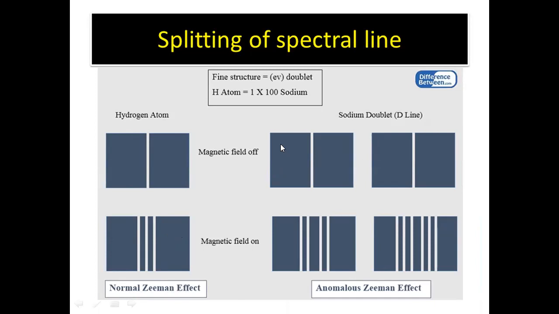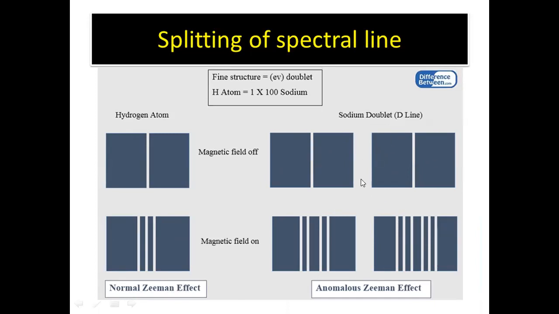In the sodium lines D2 and D1, a single line is split into four lines. And the D2 line, with a wavelength of 5896 angstrom, is split into three lines.